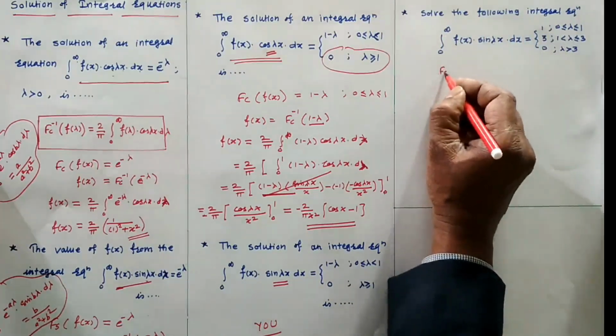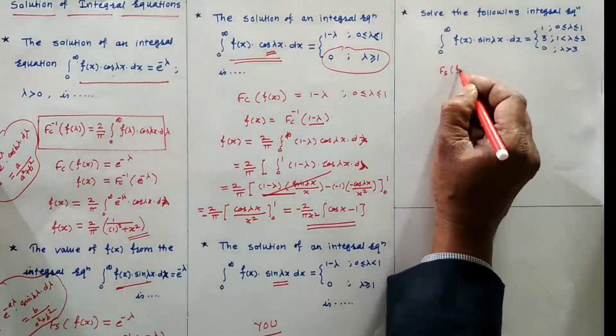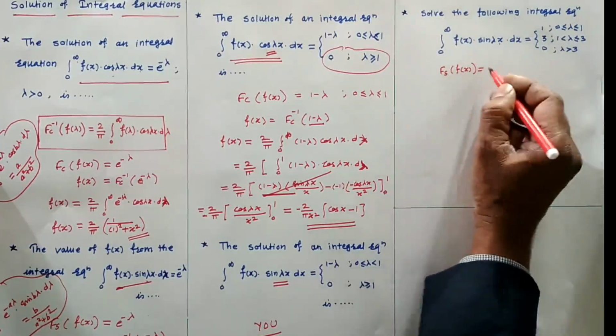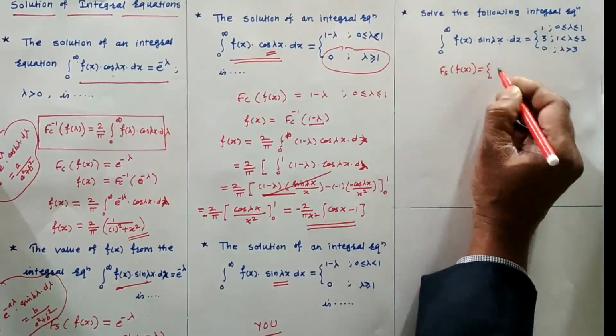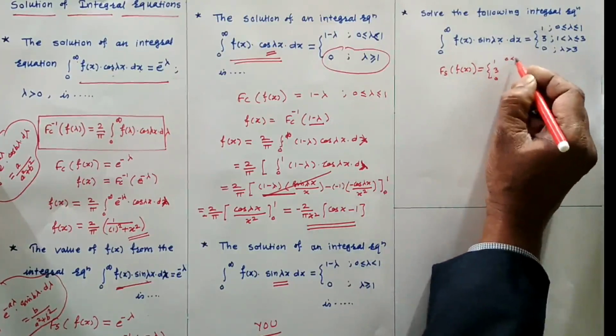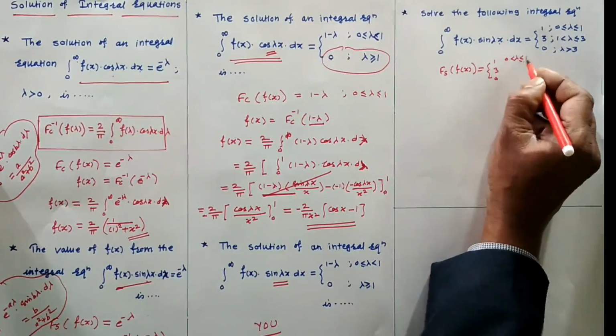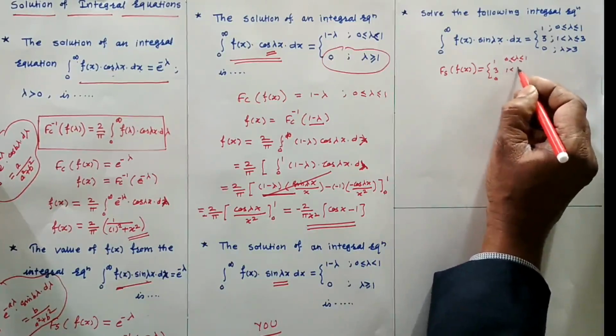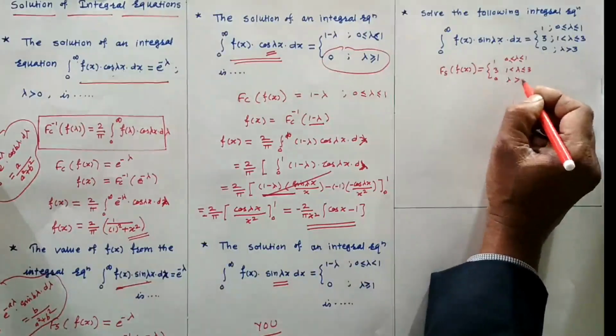By definition of the Fourier sine transform of f(x), the left hand side is this one, and in this way it is 1 for 0 less than lambda less than 1, then 3 for 1 less than lambda less than or equal to 3, and 0 for lambda greater than 3.